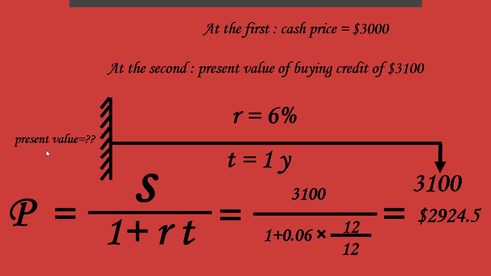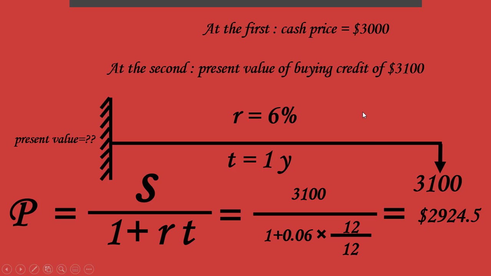Using formula B equals S divided by 1 plus RT, substituting S equals $3,100, R equals 6%, and T equals 1, or 12 divided by 12, B is $2,924.5.